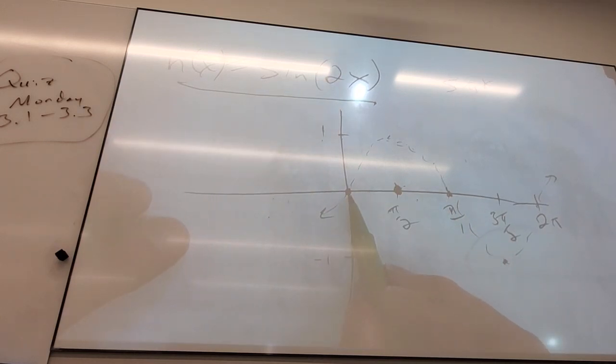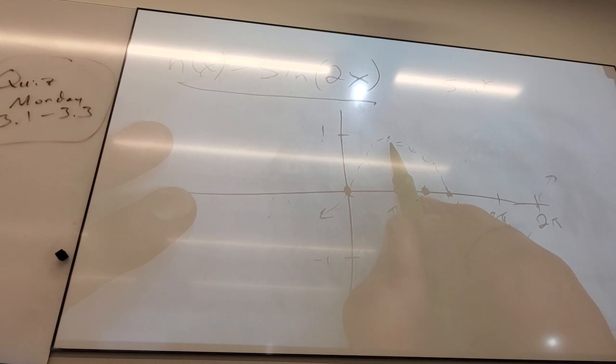What's half of 0? 0. So that stays right there. What's half of 3 pi over 2? 3 pi over 4, right? So that goes there. What's half of pi over 2? Pi over 4.